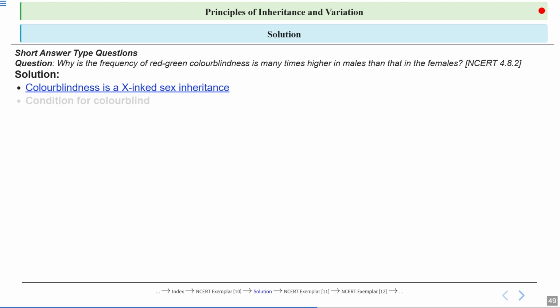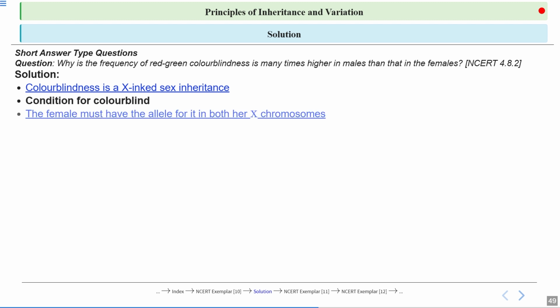Males have XY chromosomes, and females have XX chromosomes. So females are usually carriers. Clear? As females have X and X chromosomes, even if a mutated gene is present on one X chromosome, so the color blindness gene is present on that X chromosome, there is a normal gene present on the other X chromosome. That's why females are usually carriers, and they are unaffected.